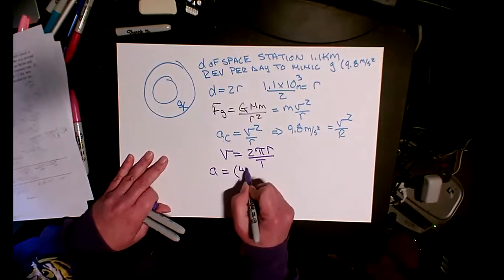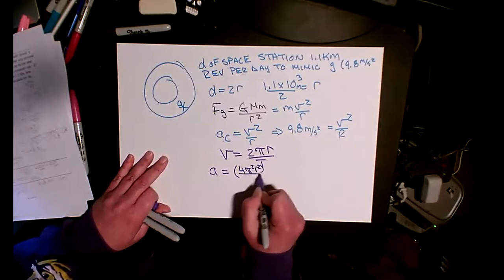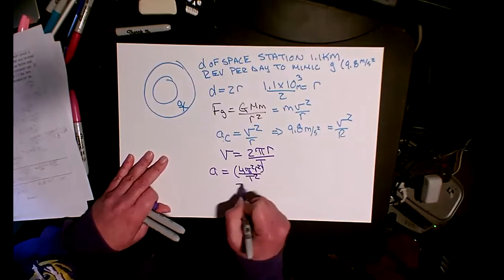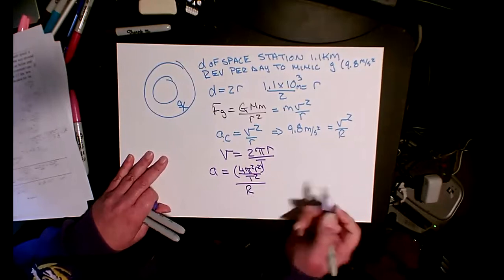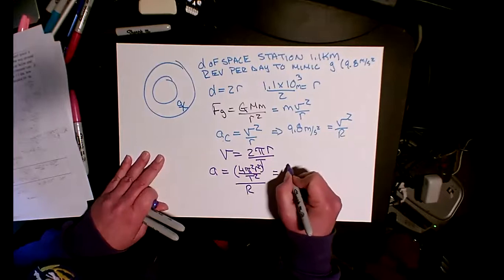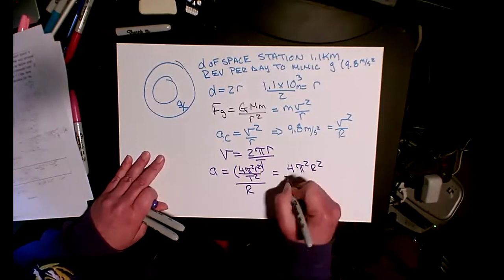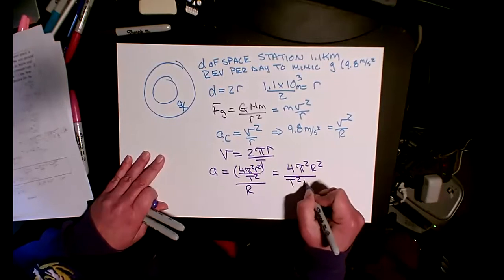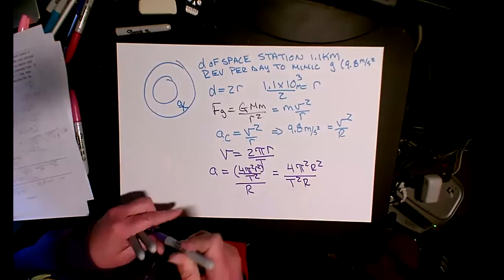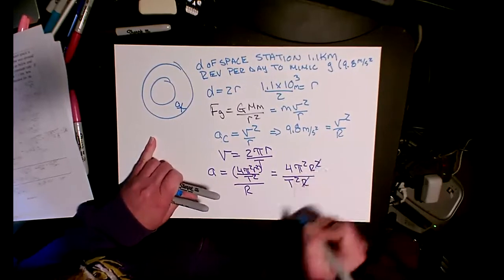So 4 pi squared r squared divided by t squared, and all of that is divided by r. So these r's are the same, and this r is going to cancel out.